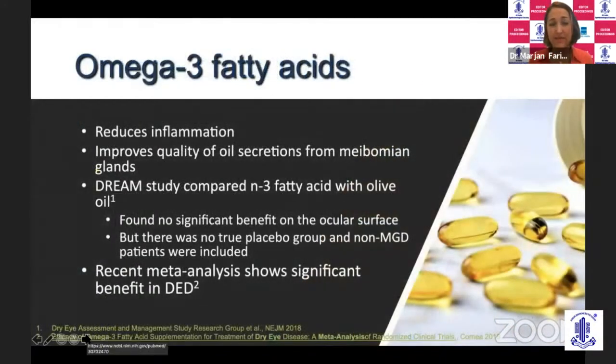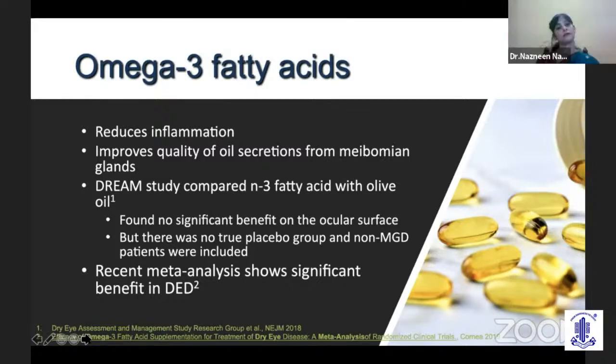Omega-3 fatty acids: I think there has been a lot of up and down in our understanding of whether or not they help with both inflammation of the lid margin as well as normalizing the lipid layer. And I think with a more recent meta-analysis that was done, I believe in 2019, which looked at multiple randomized clinical controlled trials, the final decision is that, yes, they do help with improving both symptoms and signs of dry eye disease.